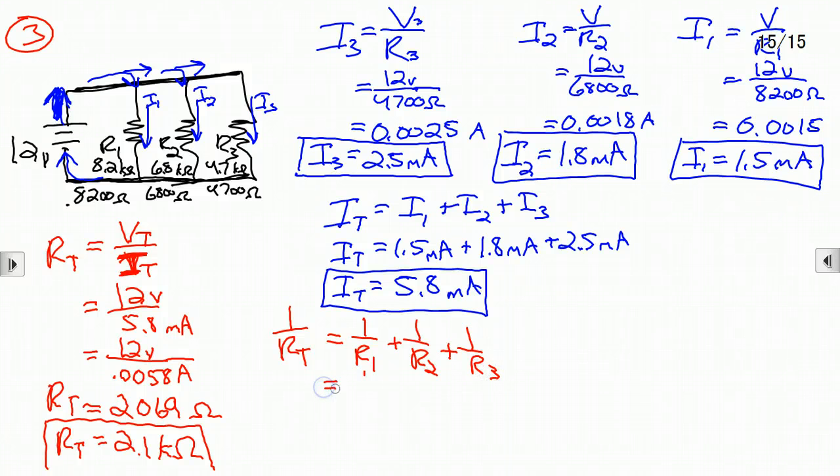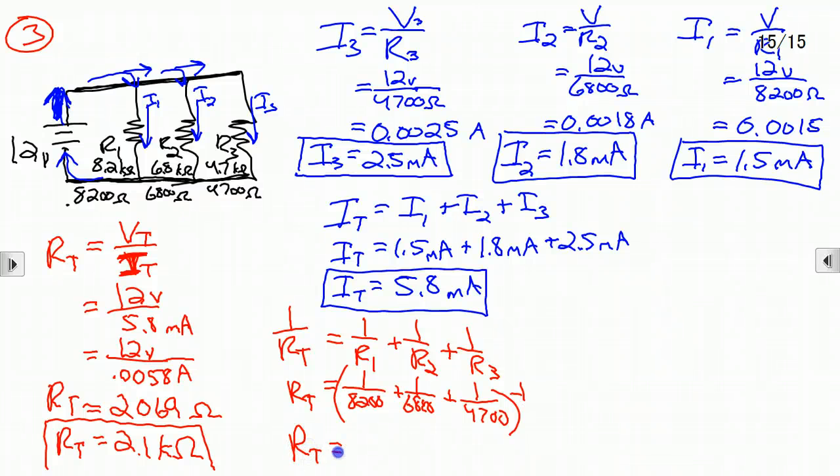So if we did that, we'd have to do 1 over 8200 plus 1 over 6800 plus 1 over 4700. Right? And to get the total resistance, we'd have to do 1 over all of that, or all of that to the negative first power. Because just doing that by itself would give us 1 over the resistance. We need to invert it again to get what we want.